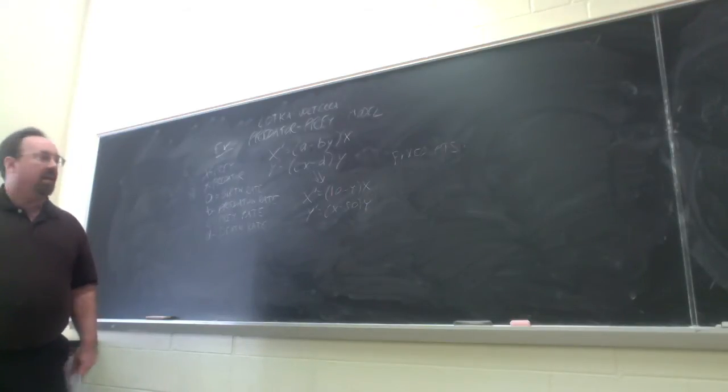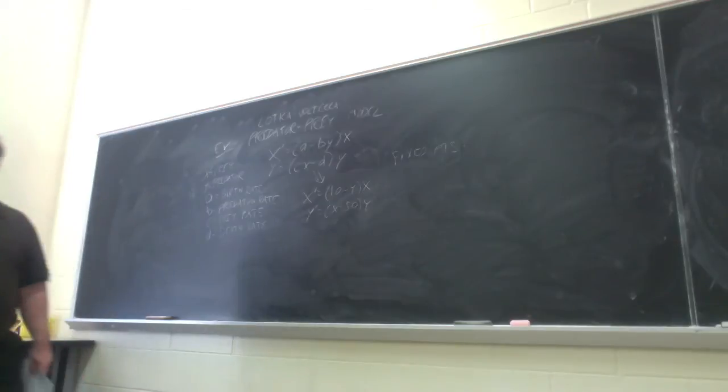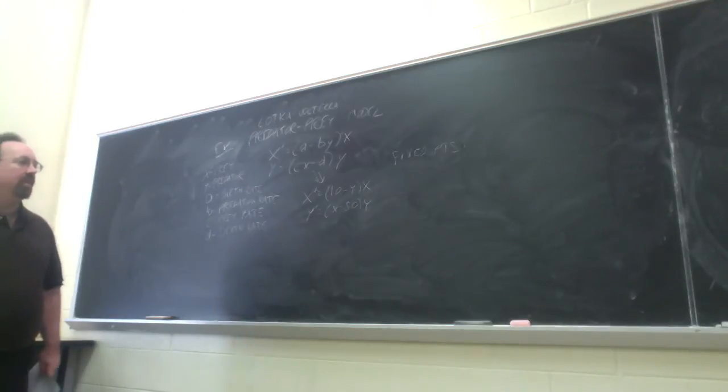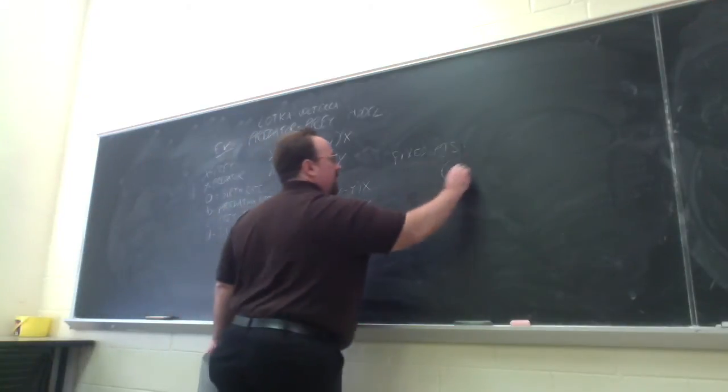Sorry, what was the question? I was copying it down. Oh, what values of x and y would cause both x prime and y prime to be 0? Well, then we want to solve it, right? Yeah. Well then, y equals 10 gives x prime 0.